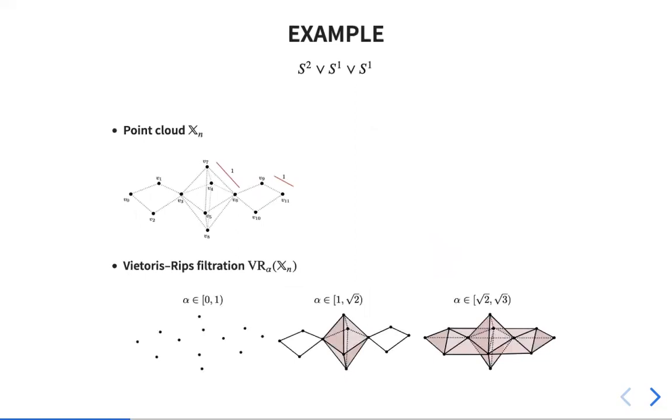And suppose that you compute the Vietoris-Rips filtration. In this filtration, you have a parameter alpha. So the set of vertices in every simplex is always the same. And then you have a simplex every time the diameter of this subset of points is less or equal than alpha, okay? So for different values of alpha, you have this filtration of these different complexes.